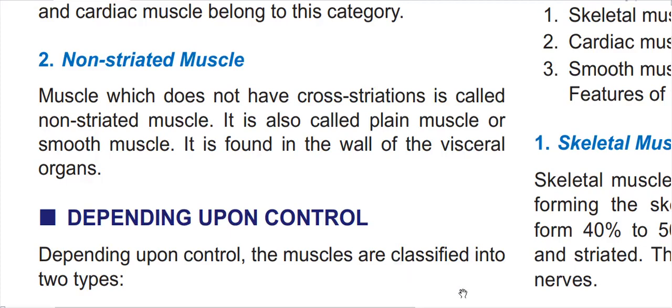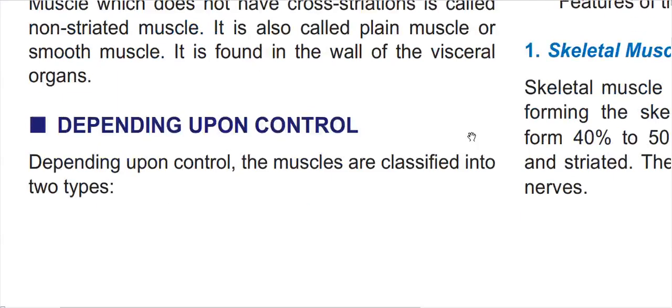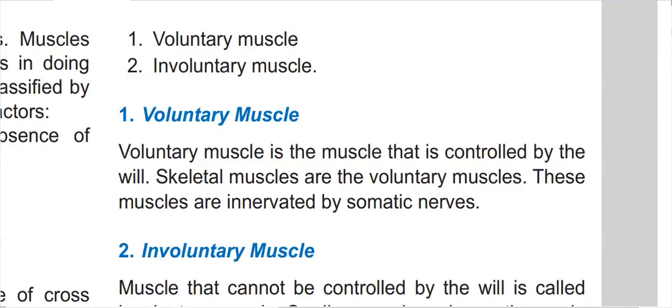Next, depending upon control, the muscles are classified into two types: voluntary muscle and involuntary muscle. Voluntary means muscles which are in our control, which contract and relax by our will. Whenever we want any muscle to contract or relax, it will contract and relax.